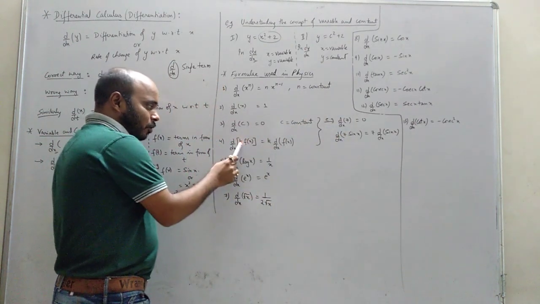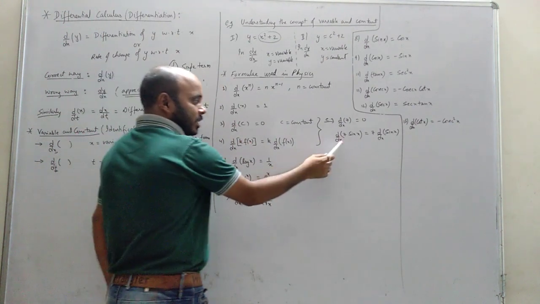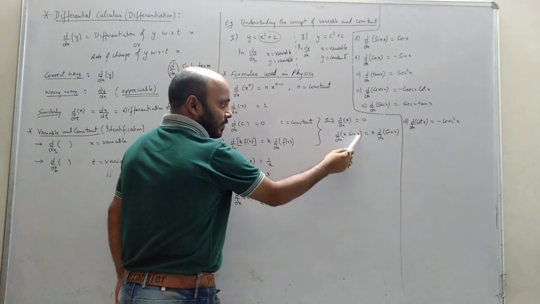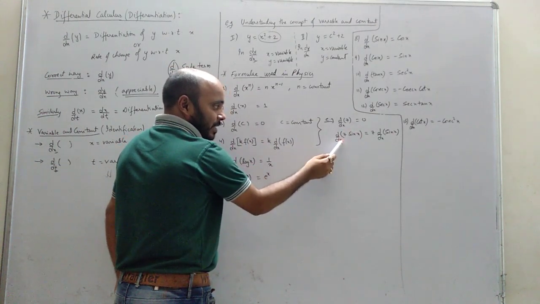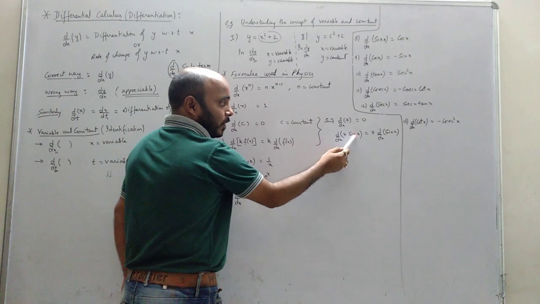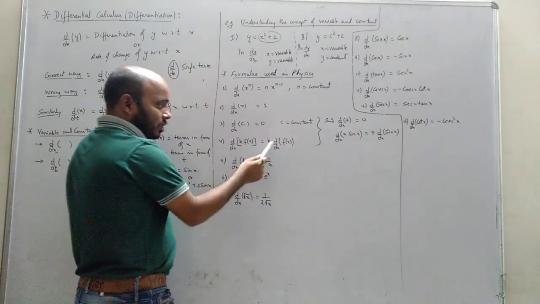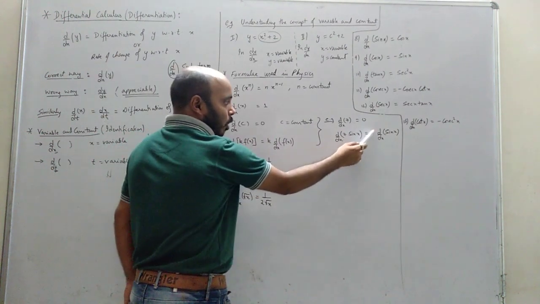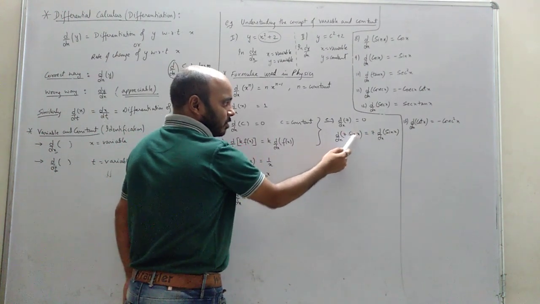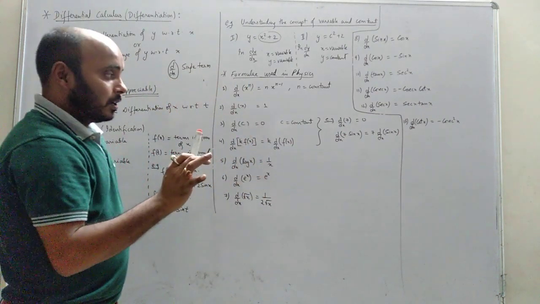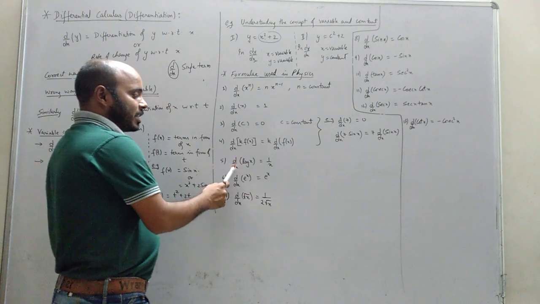But if we have some constant into variable, d/dx of 7 into sin x, 7 is a constant into sin x. We have x here, and x is a variable. So constant into variable: in these cases, the constants come out of the differentiation. See, k is coming out of the differentiation. So 7 will come out of the differentiation: 7 d/dx of the rest term, sin x, the rest term f of x. You understand?